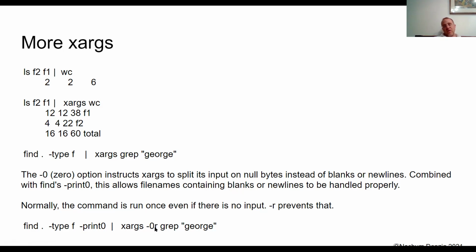Minus 0r means that what distinguishes the fields will be a 0, which is exactly what I got from the find. So now it'll work for a file called my book report, because the spaces will not be the delimiter. The 0 at the end will be. These are very high-level things that I'm explaining to you.